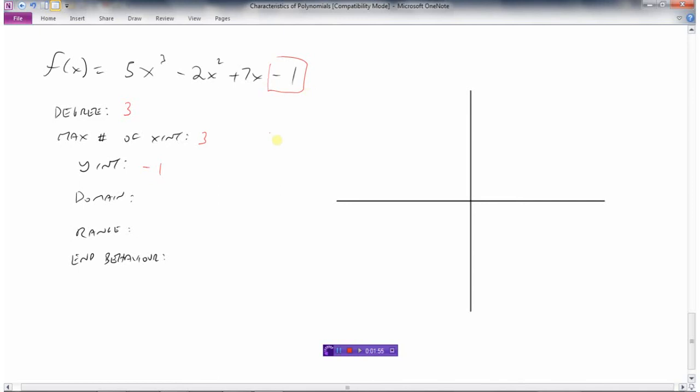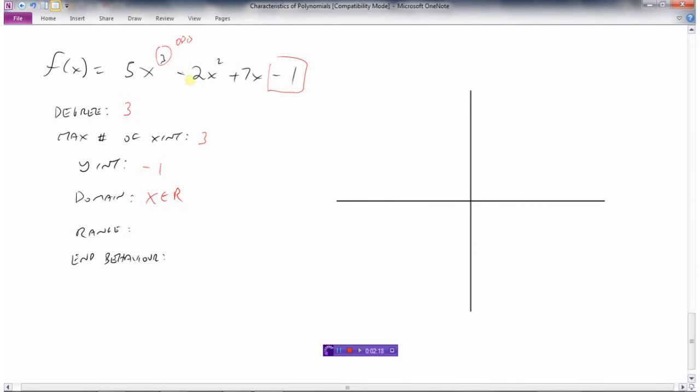So our y-intercept's -1. The domain, well, this is a polynomial function, and all polynomial functions have domains of all real numbers, so x ∈ R. The range of this function is all real numbers as well, because it has an odd degree.